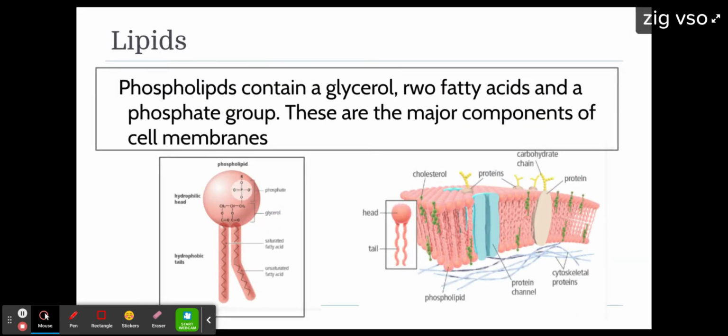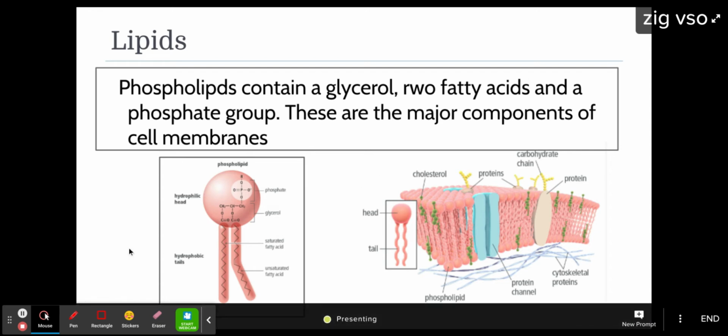So phospholipids contain a glycerol, 2 fatty acids, and a phosphate group. And you can see you have your hydrophilic head and your hydrophobic feet. And they line up because it's a bilayer. There's 2 layers where their heads are in the extracellular fluid, and the heads from the other layer are in the cytoplasm.